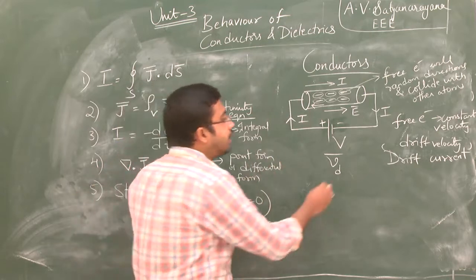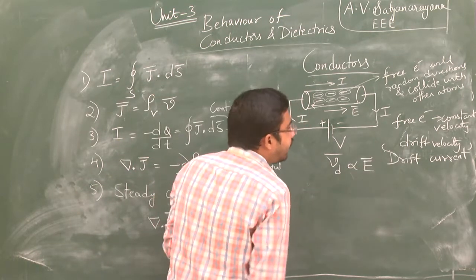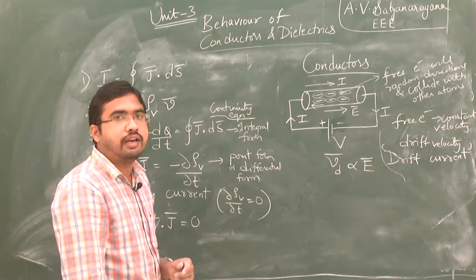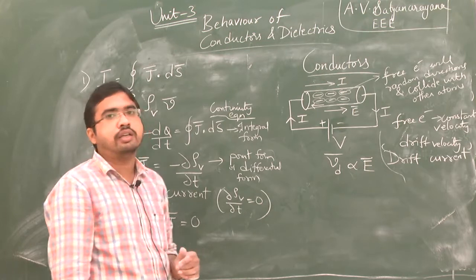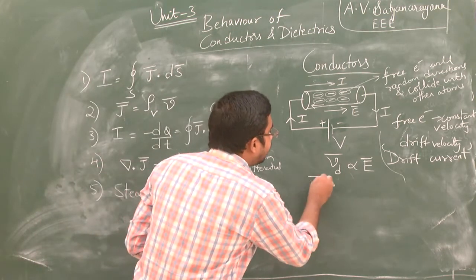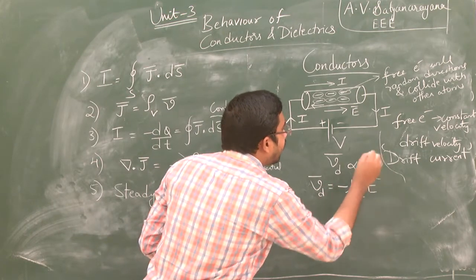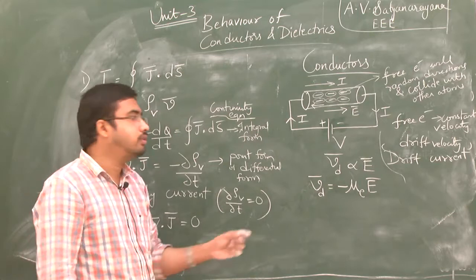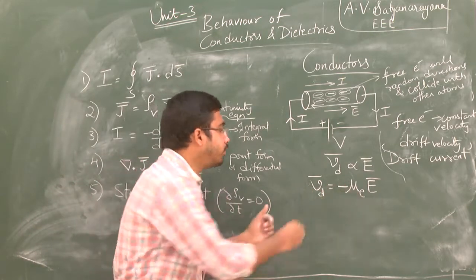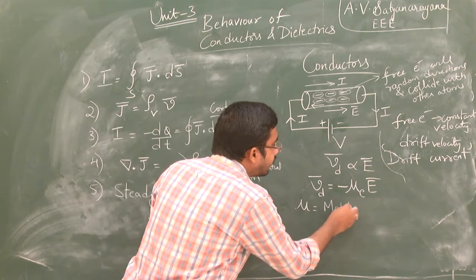That means Vd and E are proportional to each other, and if you remove that proportionality, you will get a constant mu. So Vd bar is equal to minus mu e into E bar, where this mu is called the mobility of the particles.